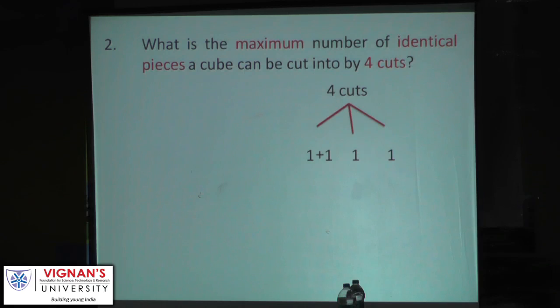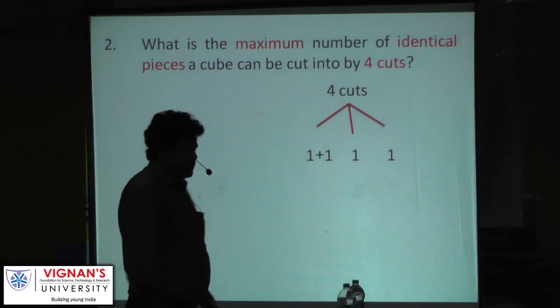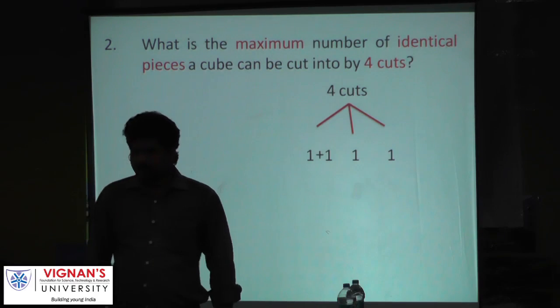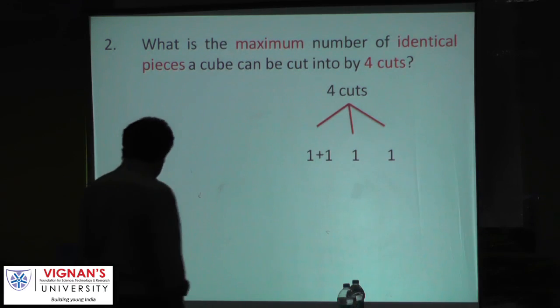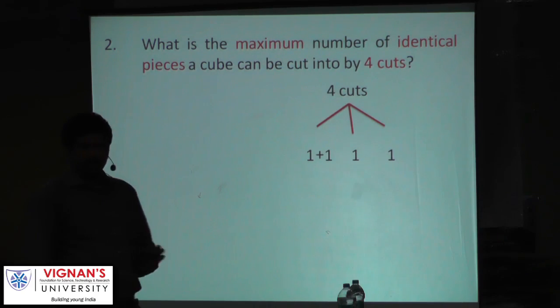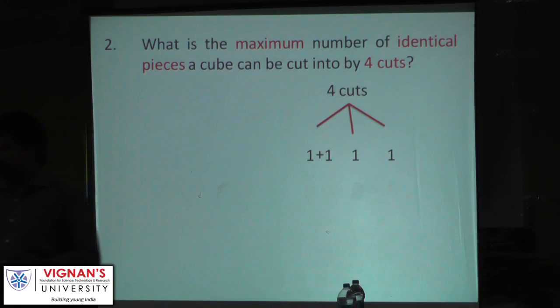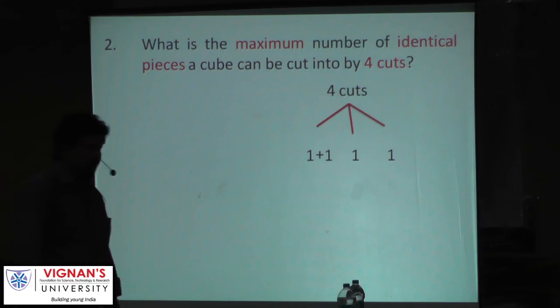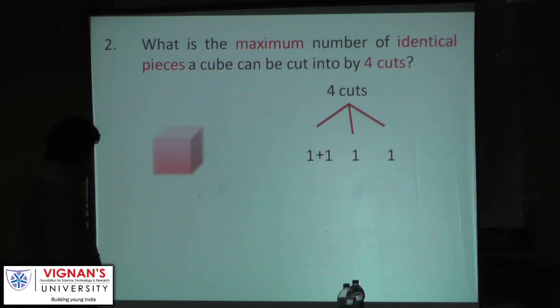It is not going to make any difference. Now 1 cut gives you how many pieces? So 2 cuts give you how many pieces? On 1 dimension, the number of pieces is one more than the number of cuts on that dimension. So we are talking about one particular dimension, we are making 2 cuts. So in that particular dimension you are going to have 3 pieces.